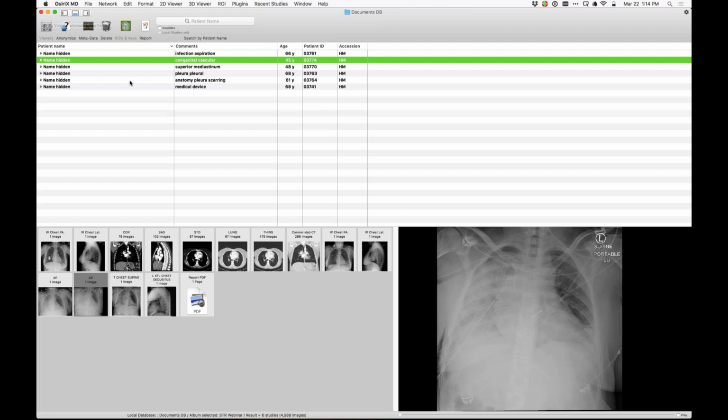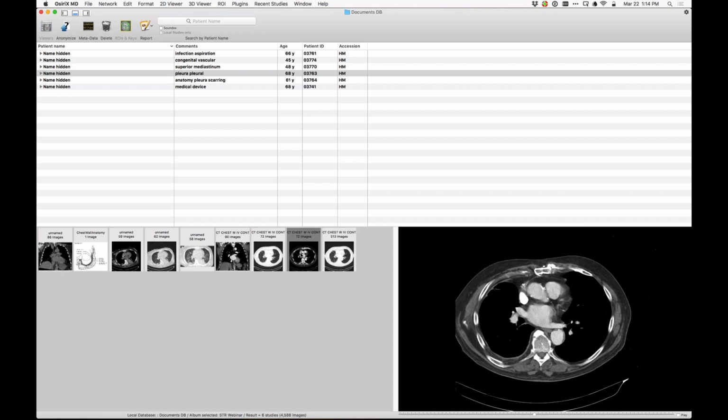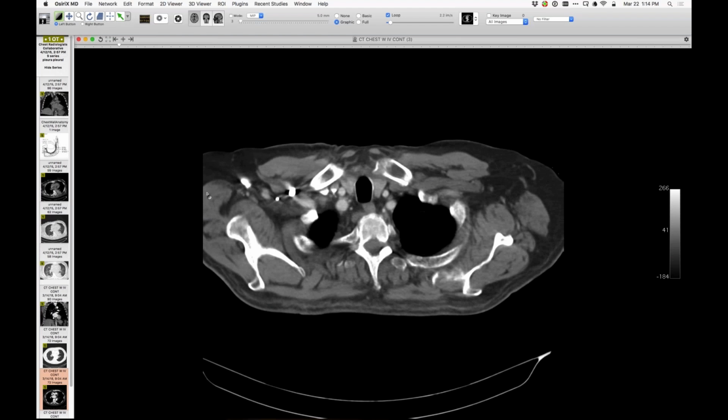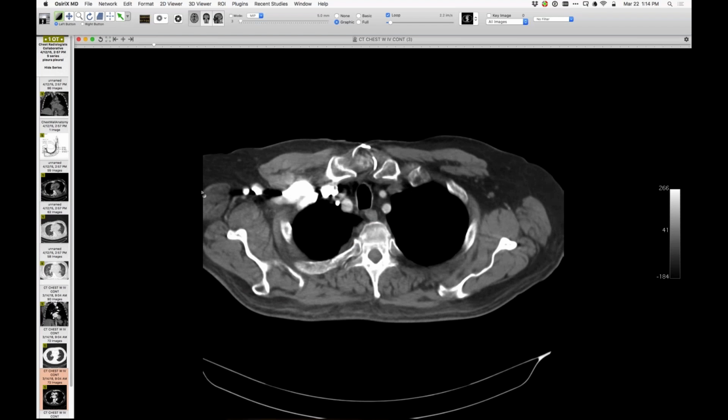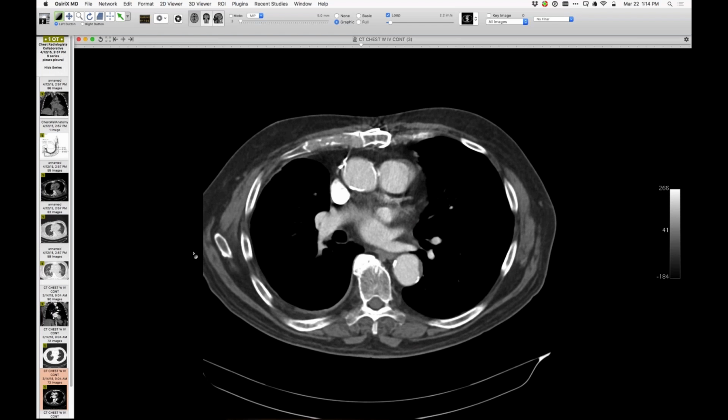Let me show you one more case of this patient. So this is a relatively recent CT, as you can see there.